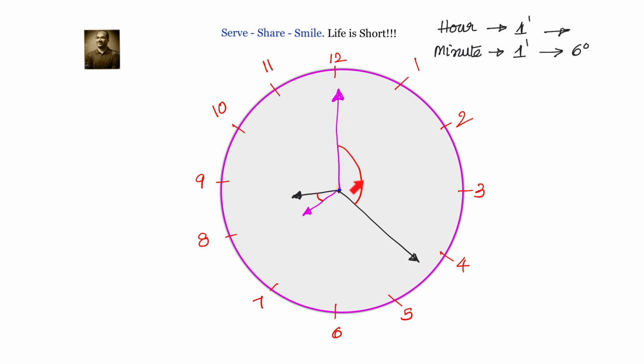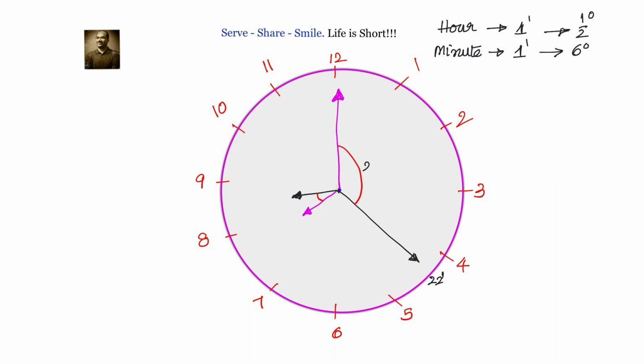So in 60 minutes it will move only by 30 degrees. In 1 minute it will move by 30 by 60, which equals half a degree. So whenever the time goes by 1 minute, the hour hand moves by half a degree and the minute hand moves by 6 degrees. Very good.